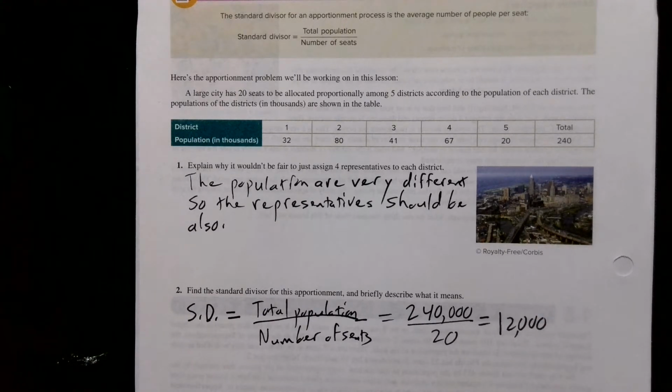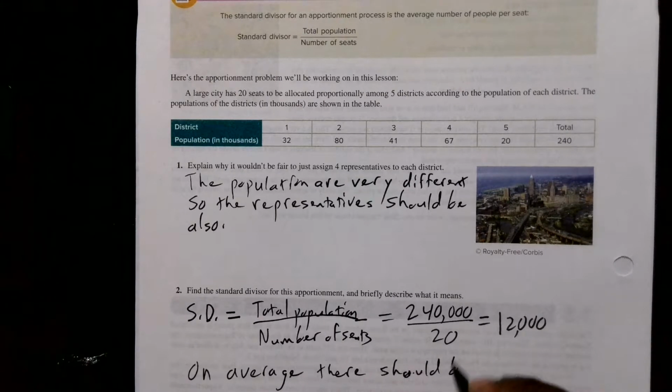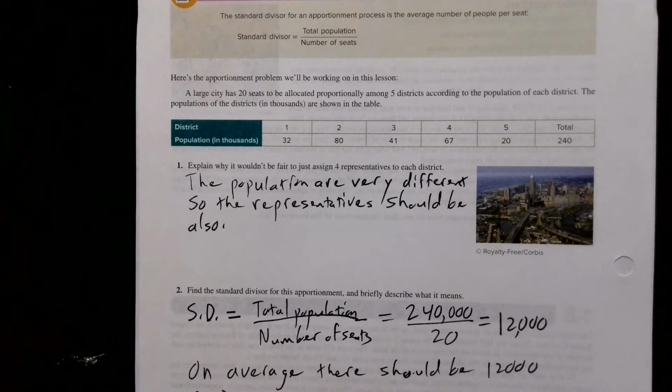So 12,000 is your standard divisor, and that means, on average, there should be 12,000 people per one seat of representation.